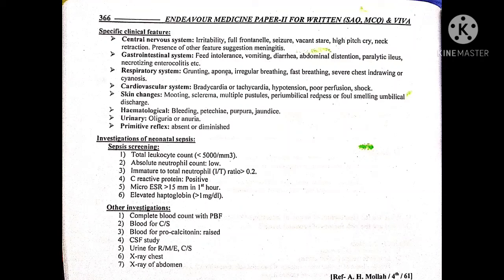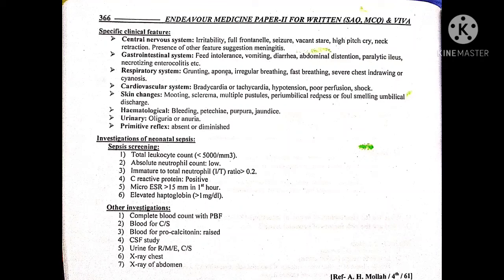To investigate neonatal sepsis, we have to do sepsis screening by doing total leukocyte count, which may be less than 5,000 per cubic millimeter. Absolute neutrophil count will be low.